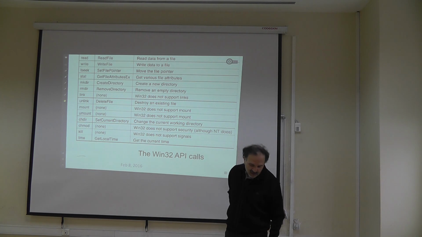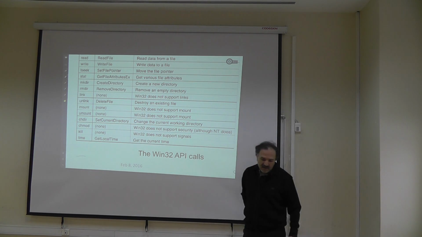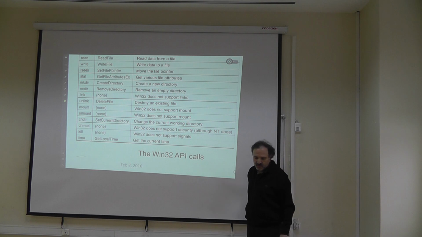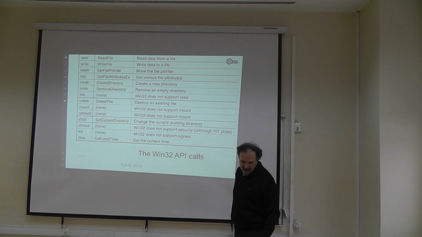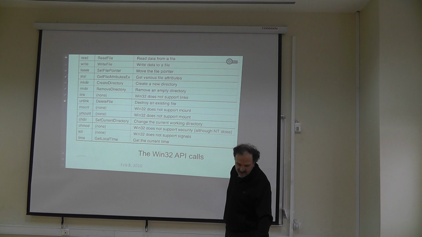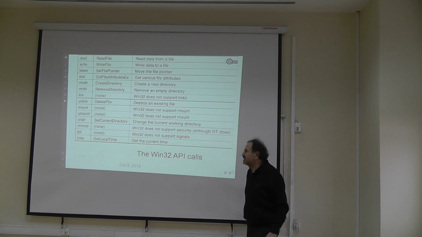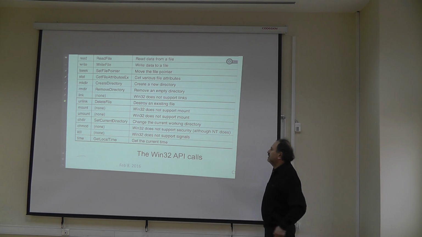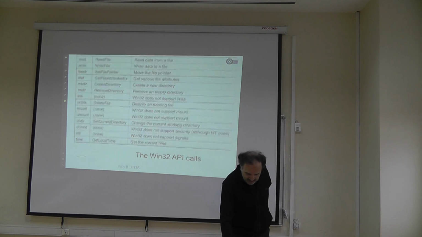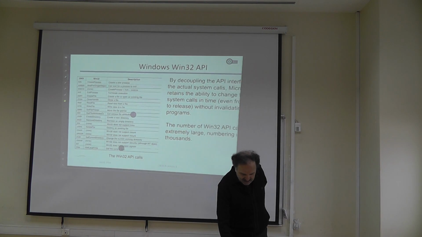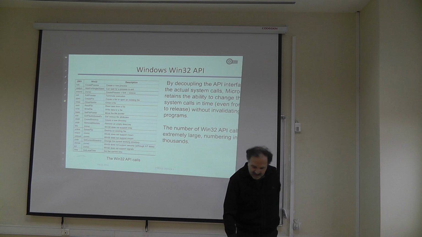In Windows, in the kernel mode, we don't have user permissions for changing mode. And we don't have signals in Windows, and we have the local time, not the seconds since 1970, but we get the current time. So I can calculate the difference between the current time and 1970. These are some comparisons between POSIX system calls and the Windows API.